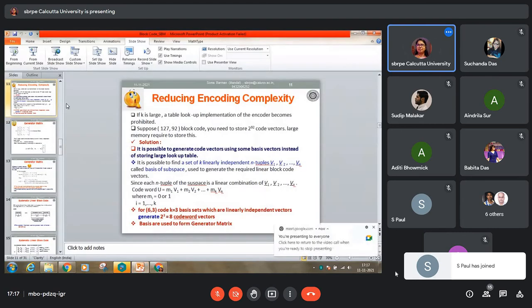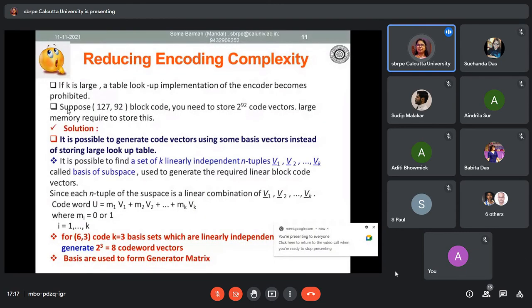That's why, what should be the solution? The solution is the basis function, the basis vector.